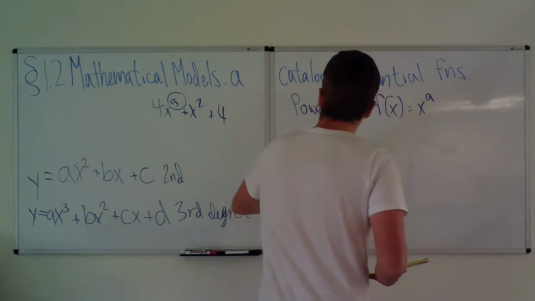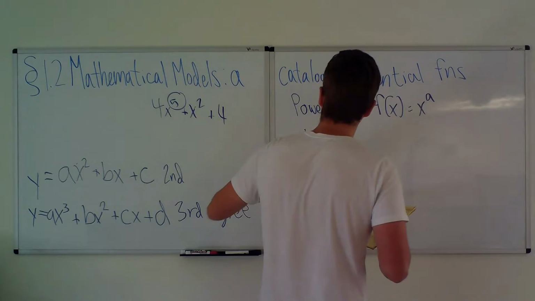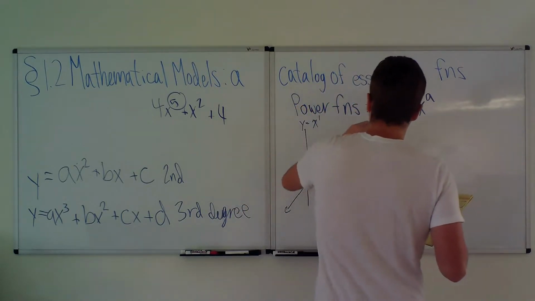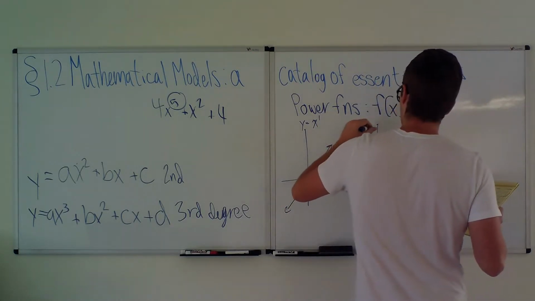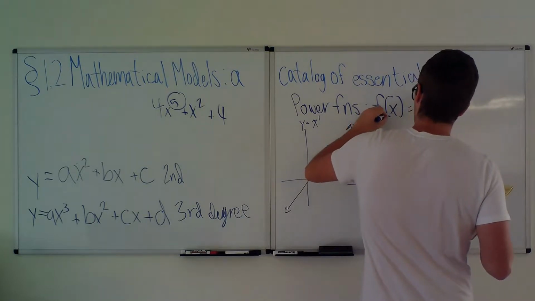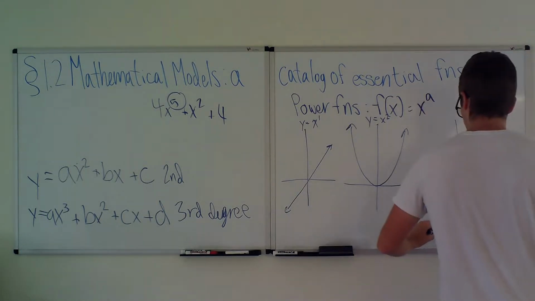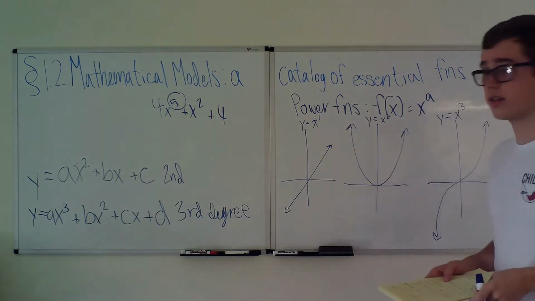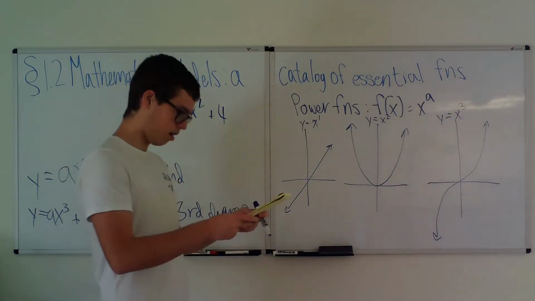So I'm going to draw a few graphs of different power functions. And we can see that they're just our normal polynomials that we've seen before, but it's only the x to the a.